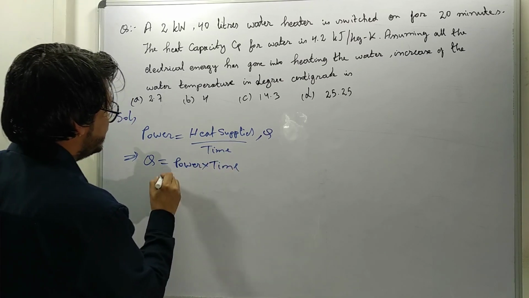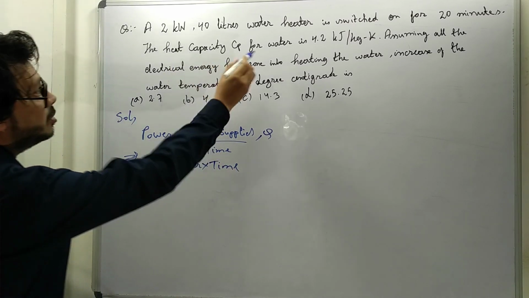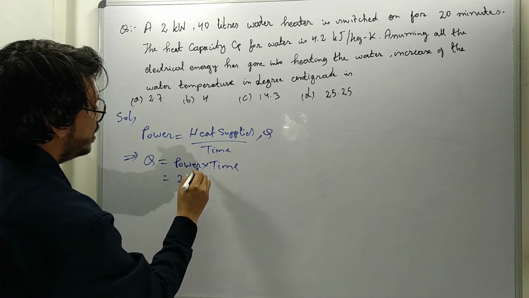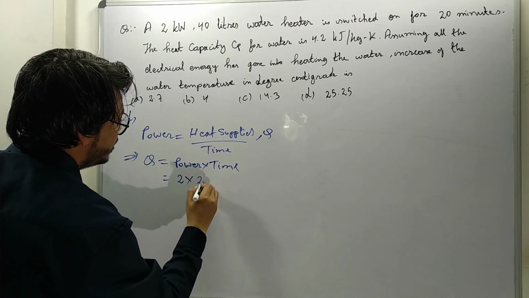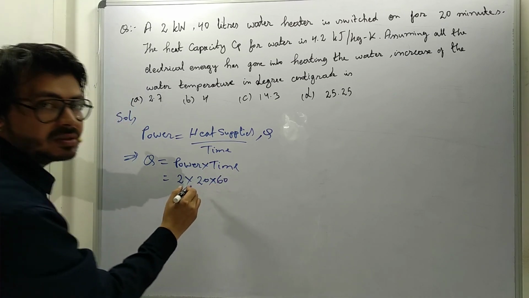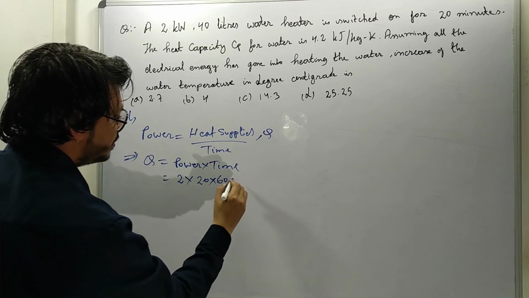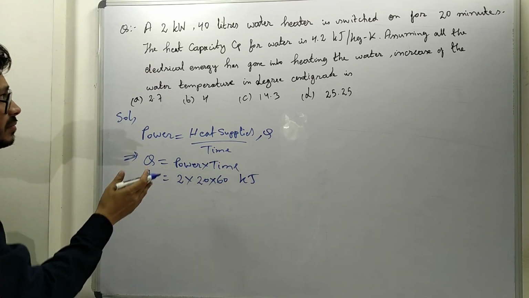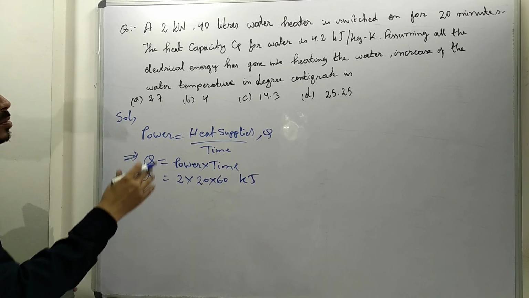It is given power 2 kilowatt, 2 into, and time for 20 minute, 20 into in second. If we convert 20 into second, we multiply by 60. So this will come in kilojoule, and this Q is used to heat up the water.